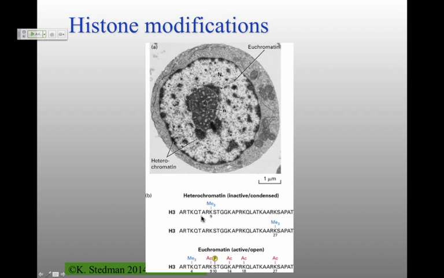What's happening? If you just purify heterochromatin, you find that many of the histones associated with it are methylated. So histone H3 in this particular case: methylation at lysine 9, methylation at lysine 27.